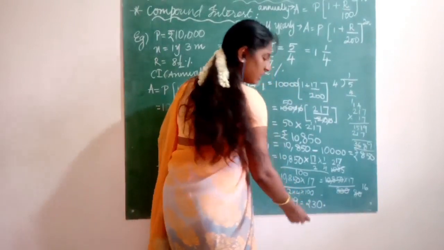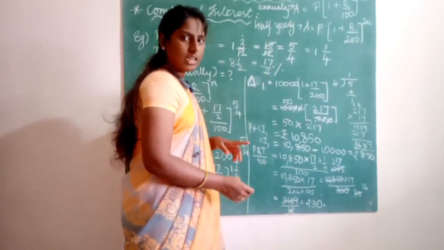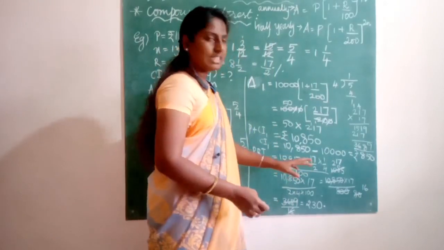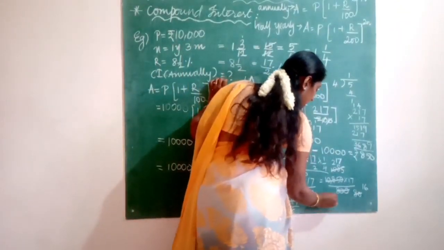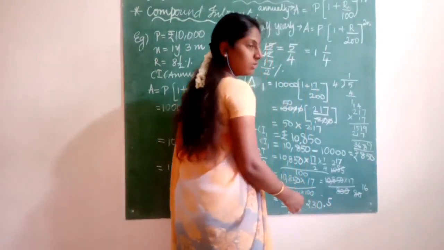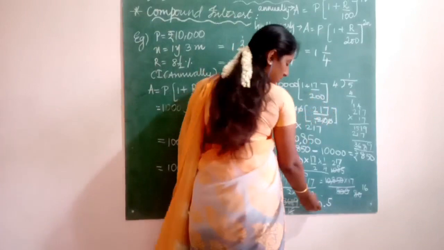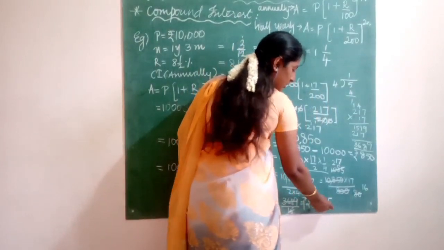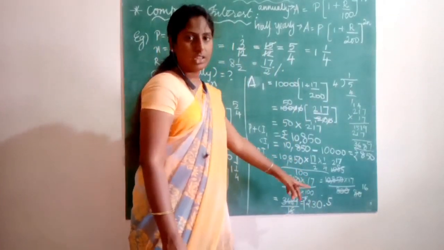Will 90 come in the 16 table or not? Check it. No, it won't come. 80 only will come, 5 sixteens are 80. Then again 10 will be left out. Then you will add 100 and 0 1. So you can simply stop with this. Approximately rupees 230.5 is the compound interest for the next 1/4 of the year, that is a quarter of the year.